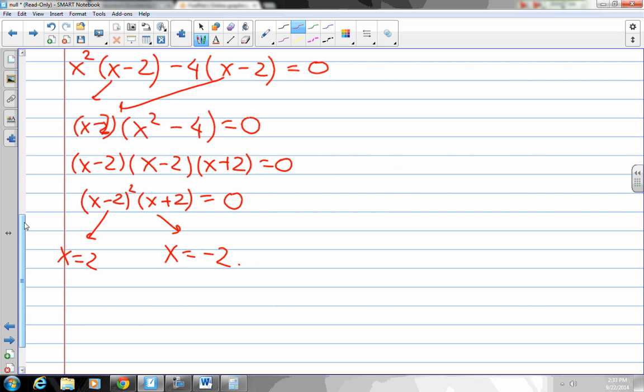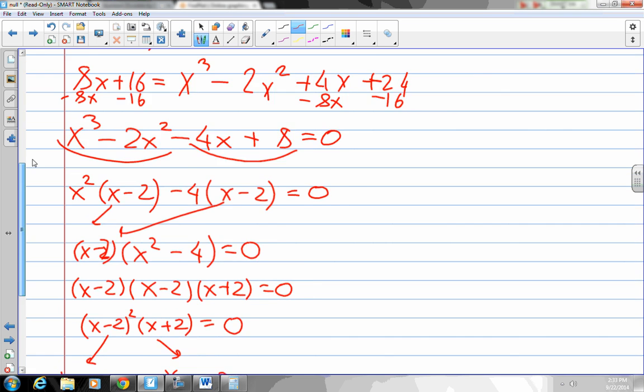Are both of them going to work, or do we have an extraneous one? Yeah, because we had x plus 2 as one of the denominators, didn't we?